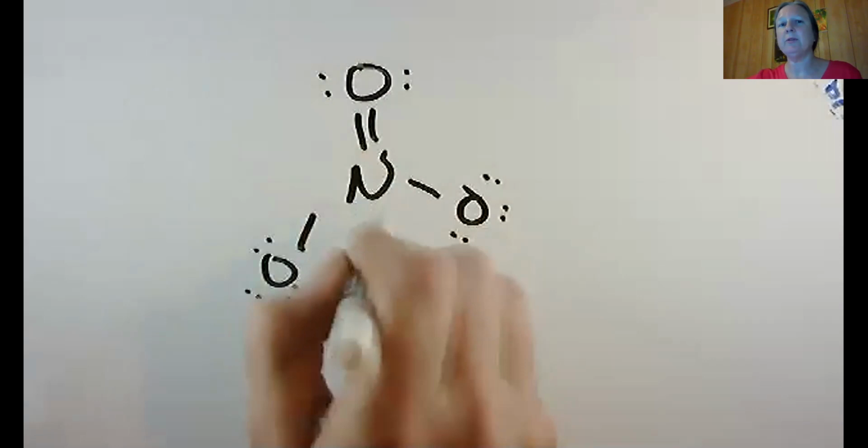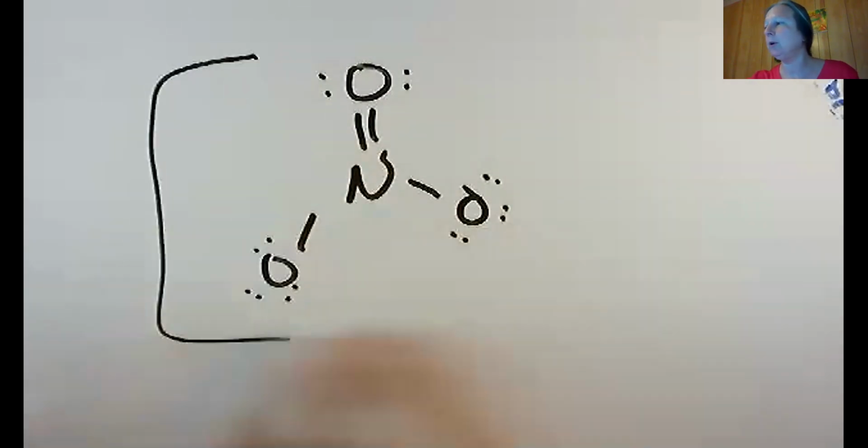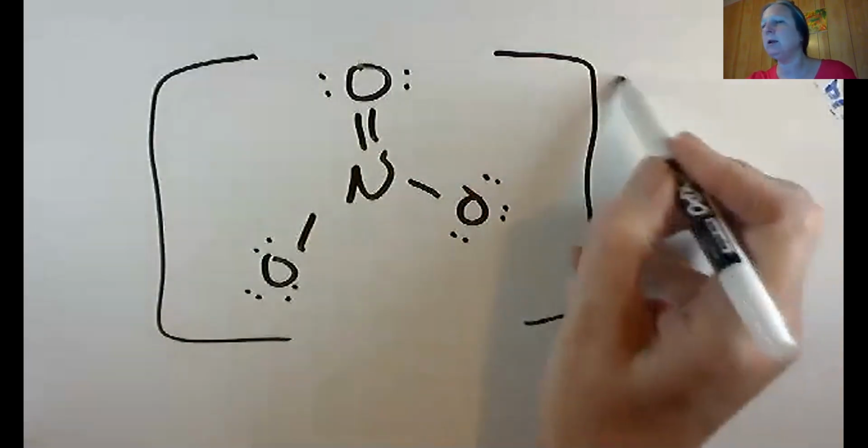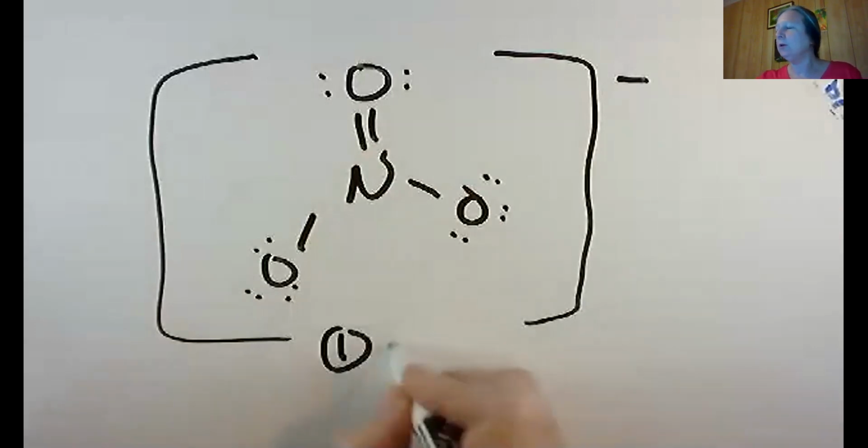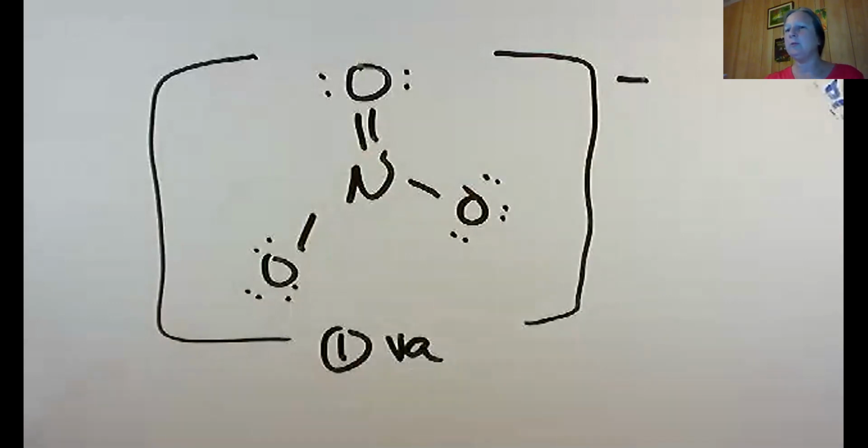Now, because this is a nitrate ion, you have to put the Lewis structure in a bracket with the charge. Don't forget that with ions, even polyatomics. Now, when you calculate formal charge, don't make the mistake I did earlier and get them backwards. It doesn't work. What's the first thing you do? You're doing this for each atom.